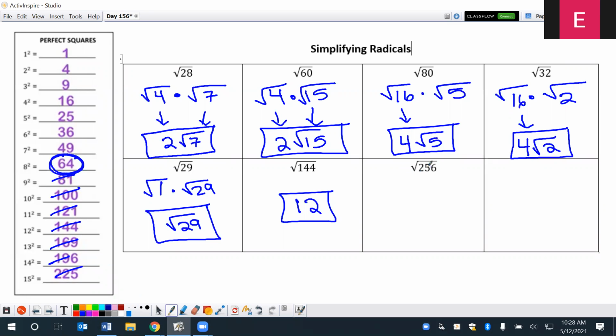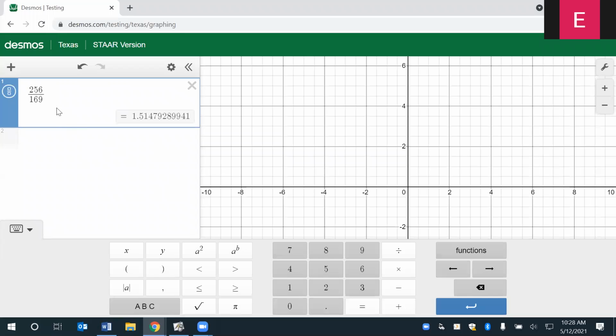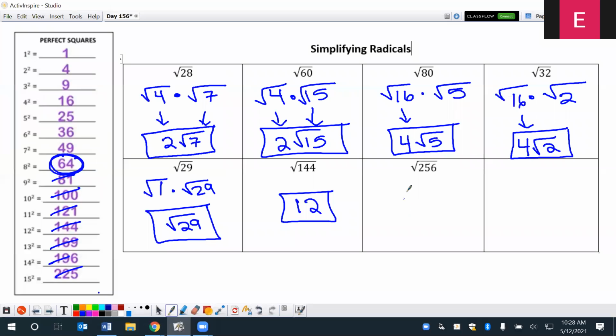So I'm going to show you. 256 divided by 64 gave me 4. So 64 and 4. Okay, 64 times 4 gives me 256.